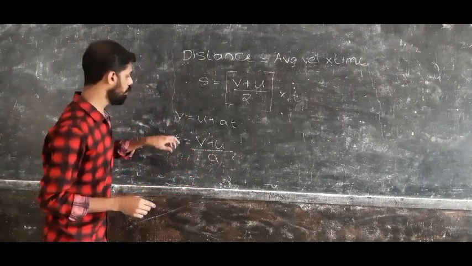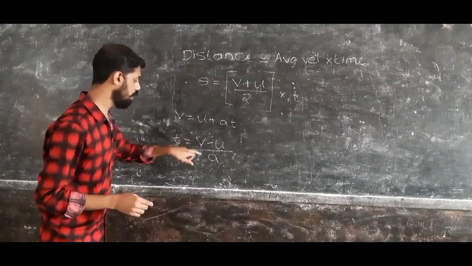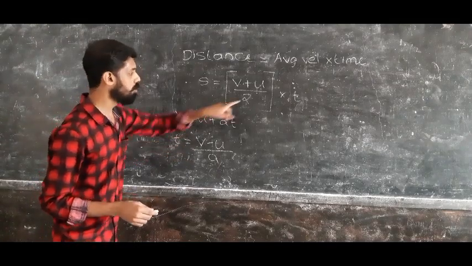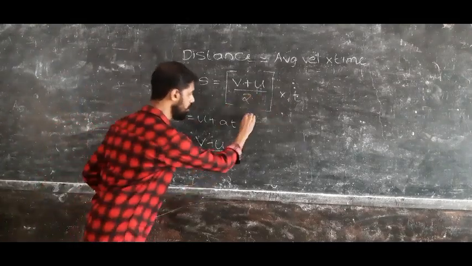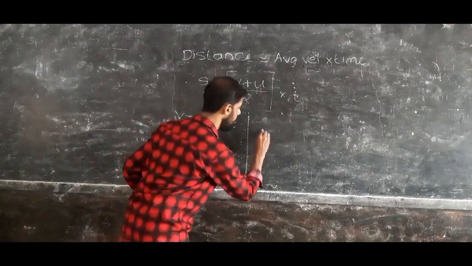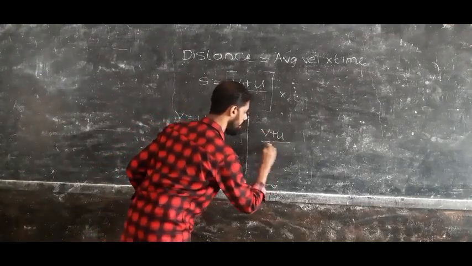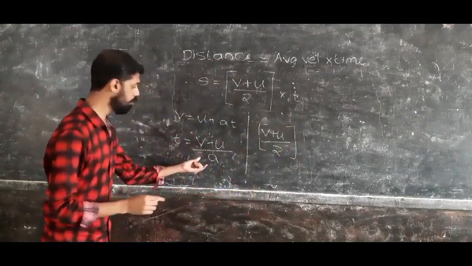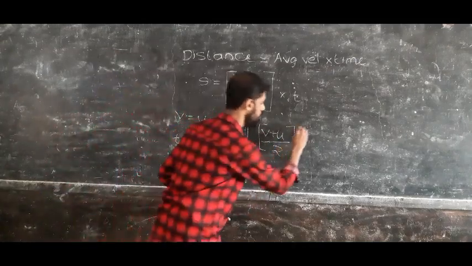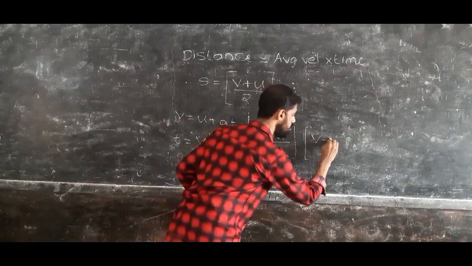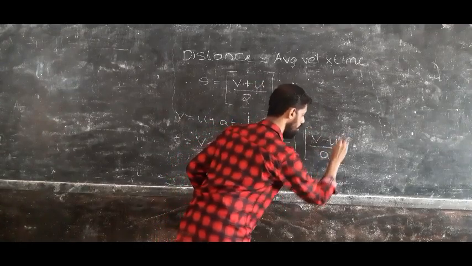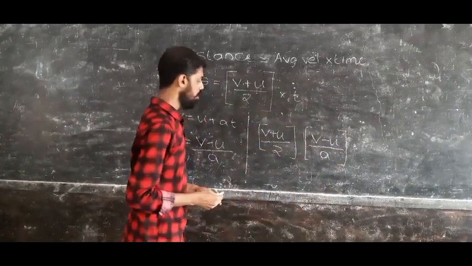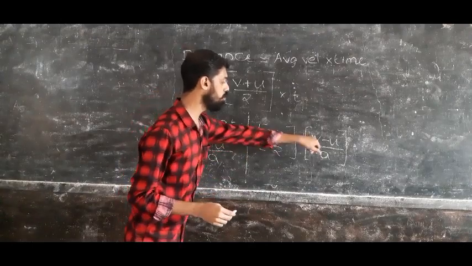We substitute this value of t over here. It becomes v plus u divided by 2, multiplied by v minus u divided by a.